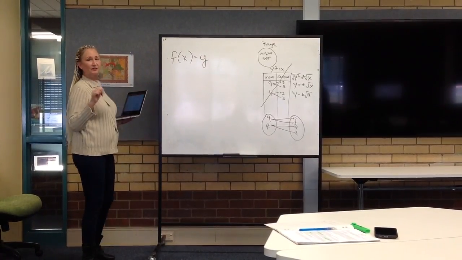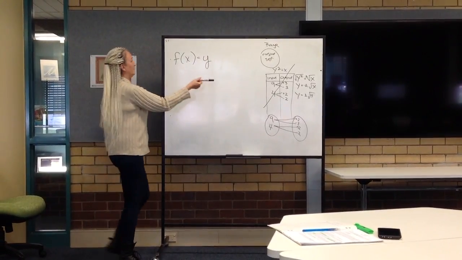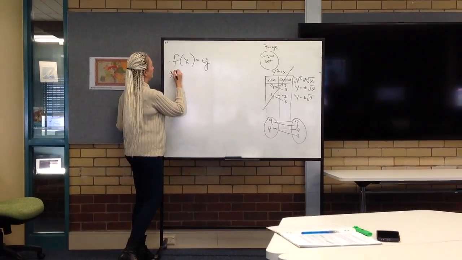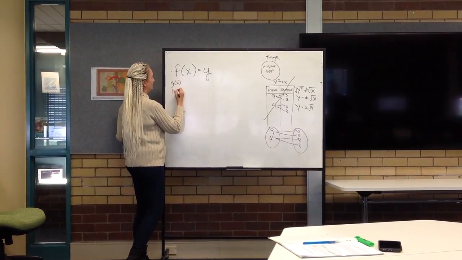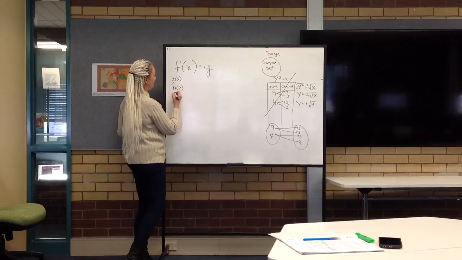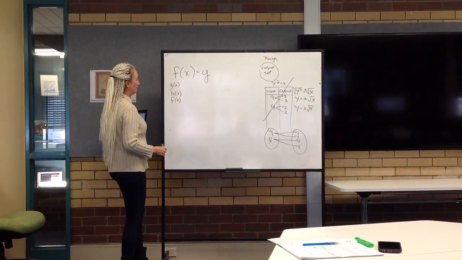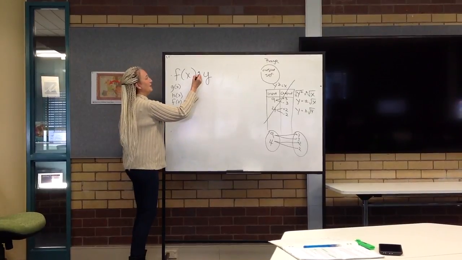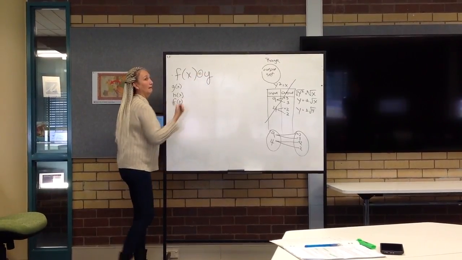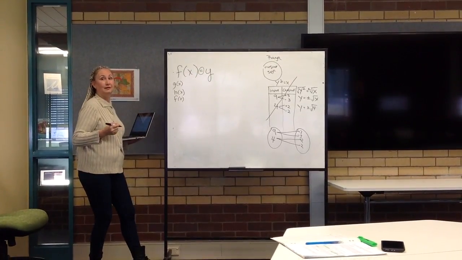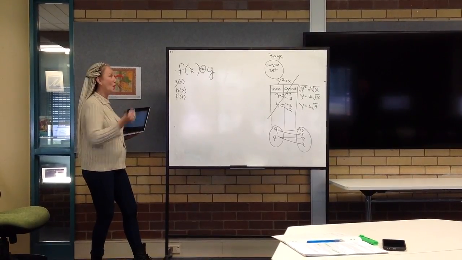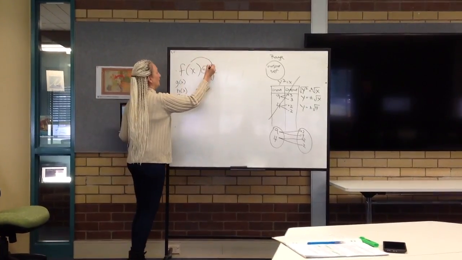Okay, you'll see a lot of functions written like this. It can be f of x equals y, it can be g of x, h of x, f of t. But this is the way you'll see it the most. And what does this mean? They're the same on either side. So that's equality, right?